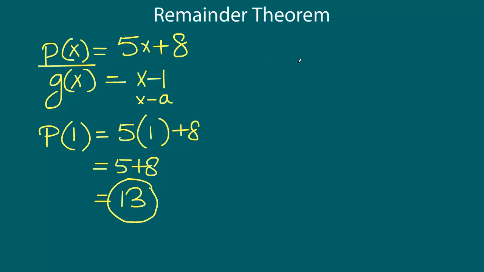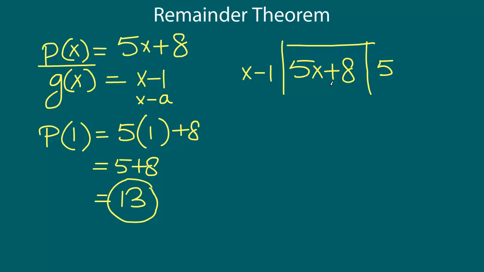Now let's check it for ourselves. So let's do this division quickly. We will have 5x plus 8 over here, and we have x minus 1. The first term will be 5x divided by x, so the quotient will be 5 here, the first term. 5 times x is 5x. 5 times minus 1 is minus 5. Now when we subtract, the signs reverse.